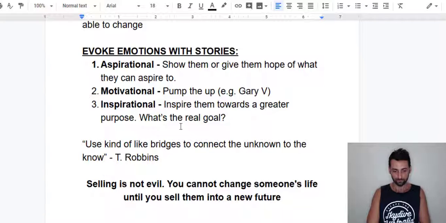Another thing I'd recommend using throughout your content is bridges to connect the unknown to the known. For example, if I was trying to explain what affiliate marketing was, rather than explaining it in the technical way, connect it to something the everyday person knows about.